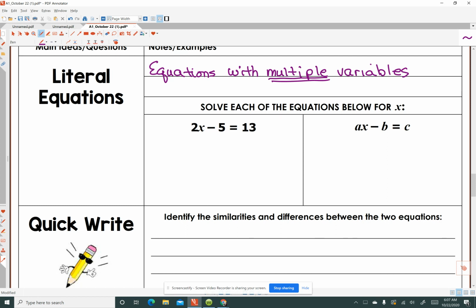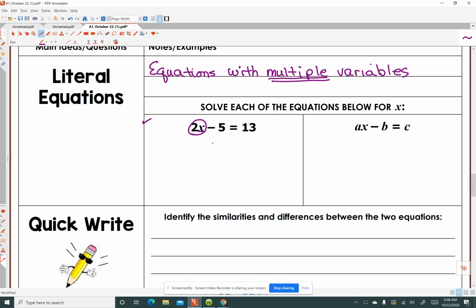So just to warm us up a little bit, we are asked to solve each of the equations for x. So this first equation is not a literal equation, but the first thing we would do, we would isolate the term with 2x, and then we would isolate x.